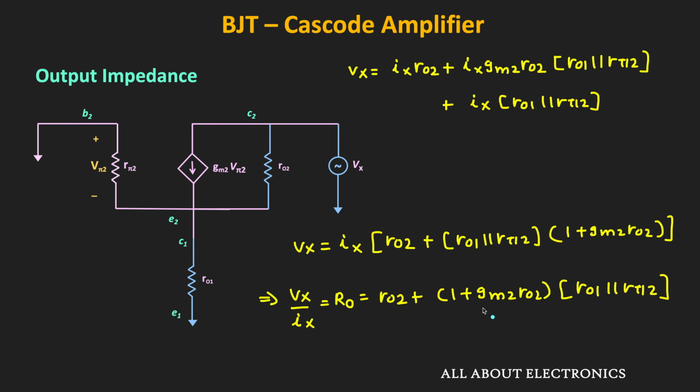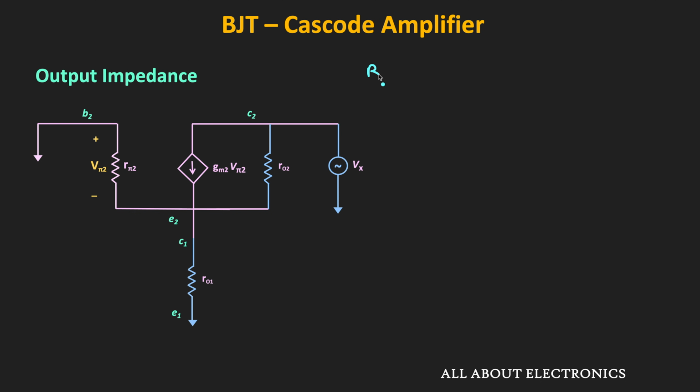Here typically Gm2 times R02 will be much greater than 1. So approximately we can say that this term is equal to Gm2 times R02. And further we can write this expression as R02 plus Gm2 times R02 times R01 in parallel with Rpi2. Once again, let us take R02 common. That means further we can write R0 is equal to R02 times 1 plus Gm2 times R01 in parallel with Rpi2.